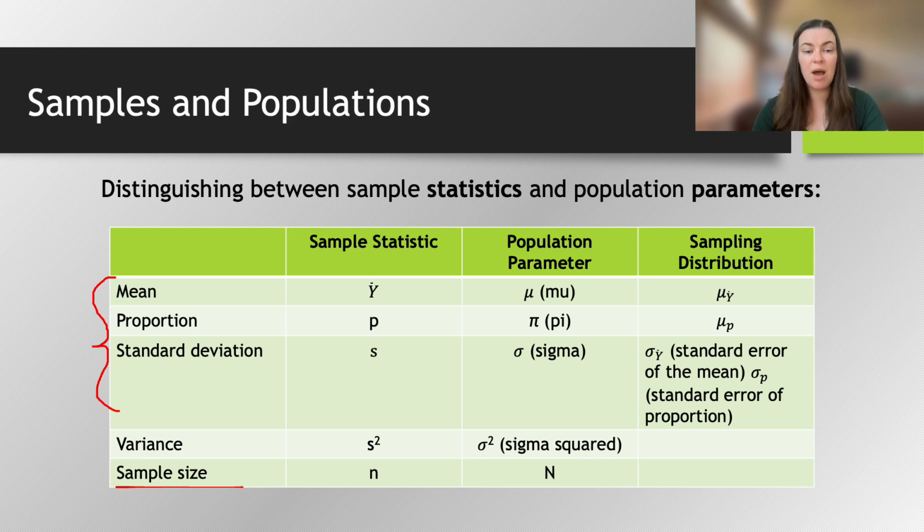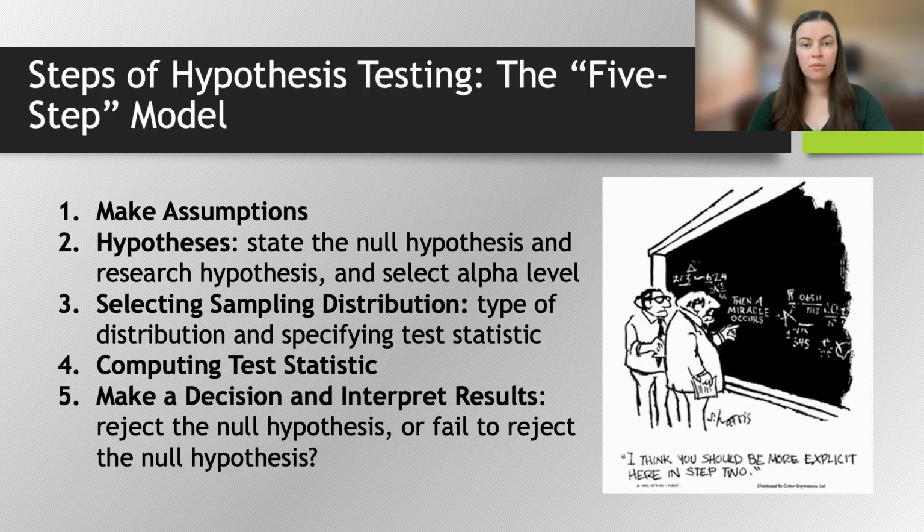And so just keep in mind that we do have different statistical notation depending on if we're working with means, proportions, and standard deviations with reference to whether it's a sample statistic or a population parameter. That's going to be especially important with one sample hypothesis testing because our samples are going to be designated by this first column, whereas the population parameter will be designated by this second column. So let's dive into our steps of hypothesis testing. You will also hear me refer to this as the 5-step model.